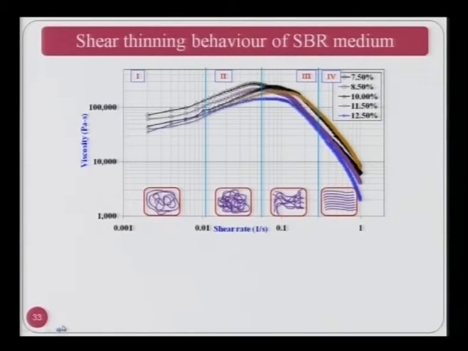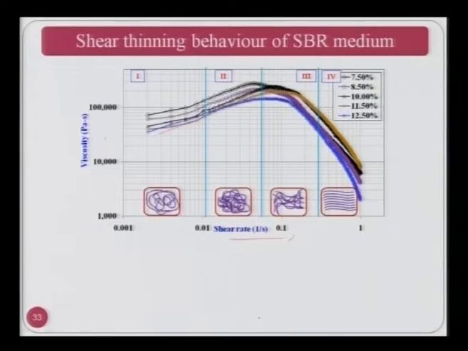Shear thinning behavior of the SVR medium was evaluated, as I showed you in the earlier figure. Now here is the shear rate. As shear rate is increasing, the viscosity of the medium is increasing, not slightly, to a large extent, because both the x-axis and the y-axis are on a logarithmic scale.